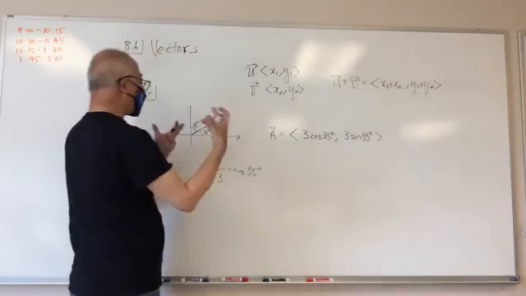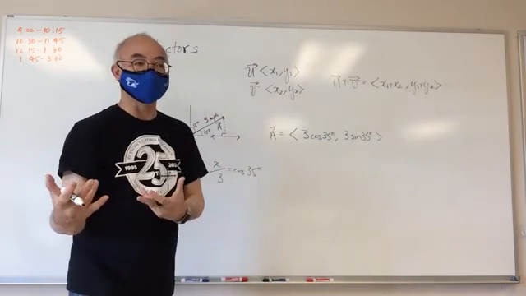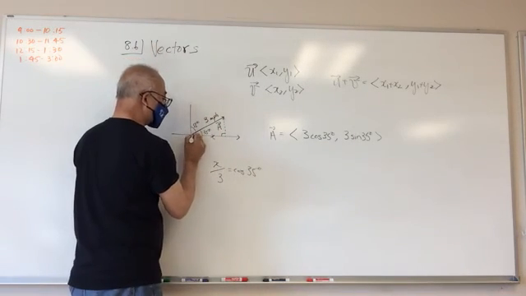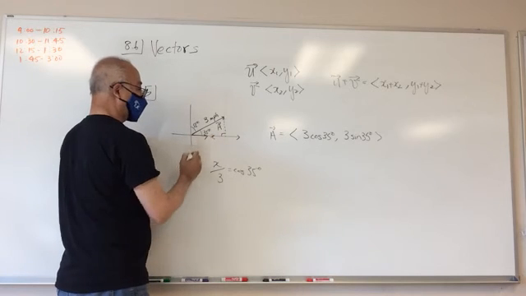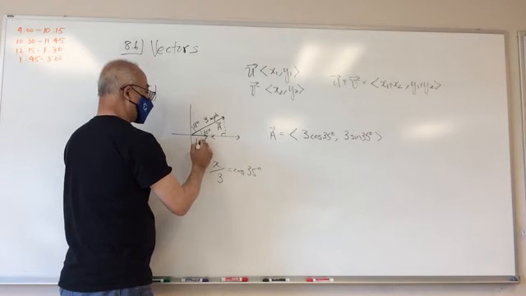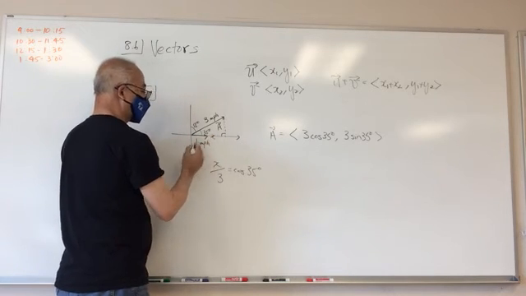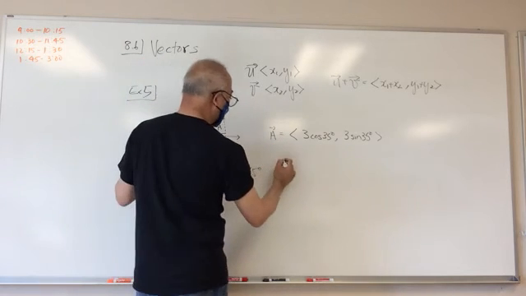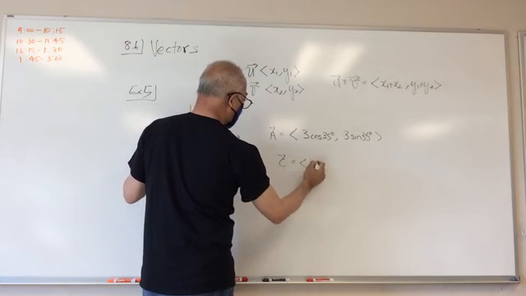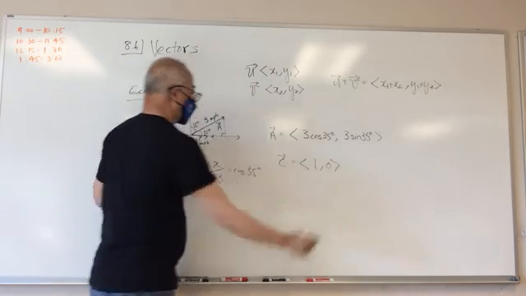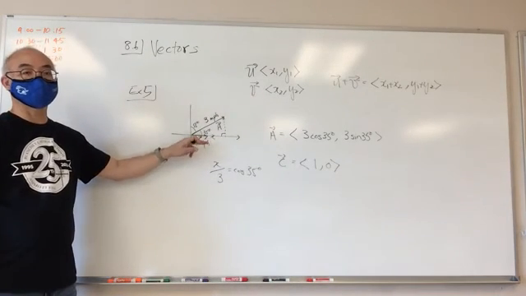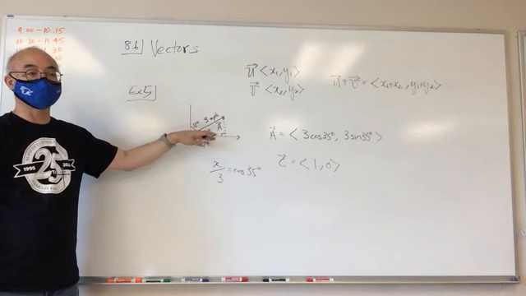But I have to add the effect of the current. The current is going this way, due east, 1 mile per hour. If this is the current, we call it C. The C vector is going to be equal to 1 and 0, because it's going straight this way. It's not going in the y direction, only the x direction.